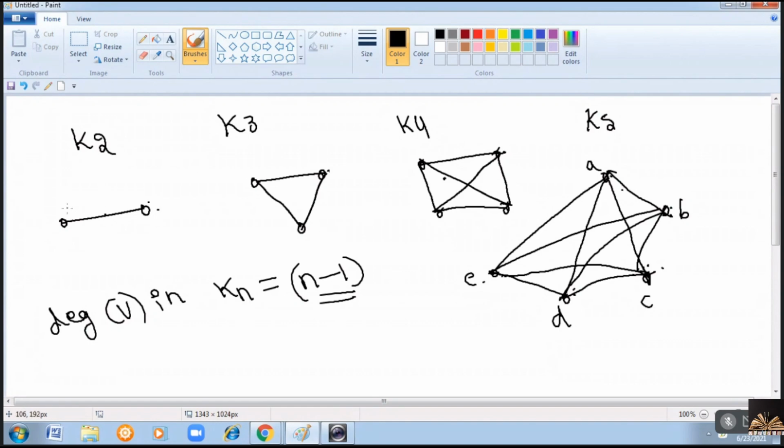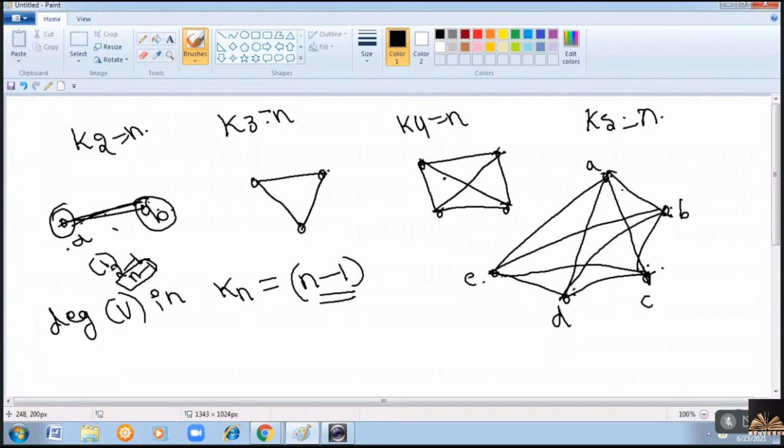So when you observe the first one, with vertices A and B, what is the degree of A? How many edges are incident with it? 1. So it is 1, which means 2 minus 1, that is n minus 1. Here n equals 2, 3, 4, 5. Similarly, the degree of B is again 1, that is n minus 1.